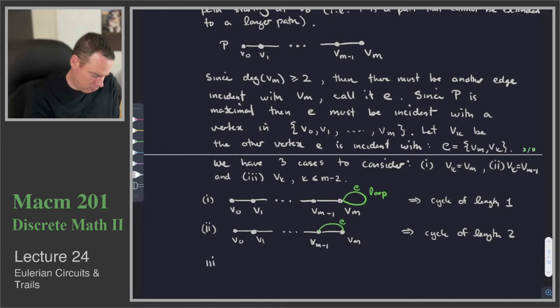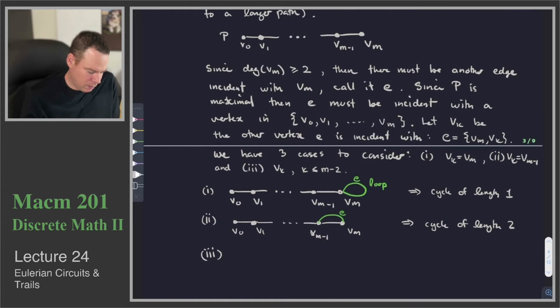And lastly, our third case was when the other vertex at the end of E was something earlier than Vm or Vm minus 1. So we're in a situation like this, Vm, Vm minus 1, and there's some vertex somewhere back down the line, let's call it Vk. So it went back like that. Then we get a cycle as well.